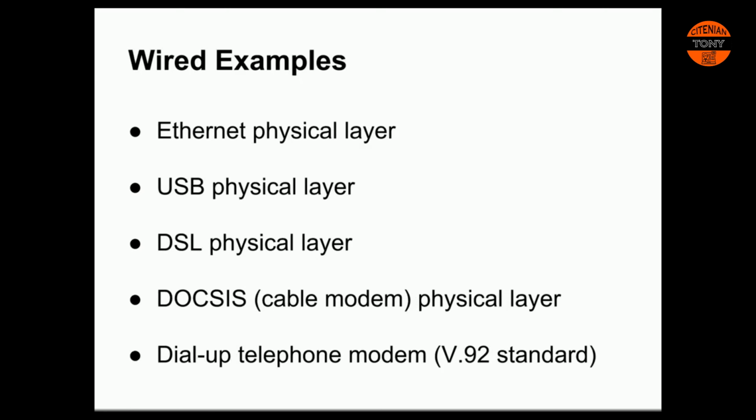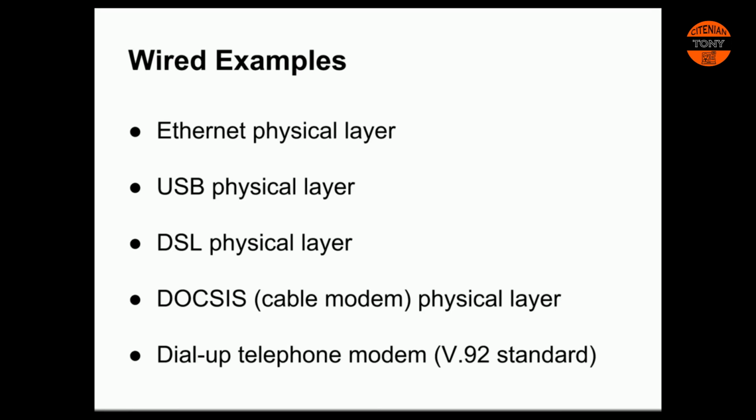So let's look at a few examples of different types of physical layers. In the case of wired networks, we have things such as the Ethernet physical layer for standard Ethernet connections between devices. It's not really so much a networking protocol in practice, although it can be used for this, but the Universal Serial Bus, or USB, does have a physical layer specification.